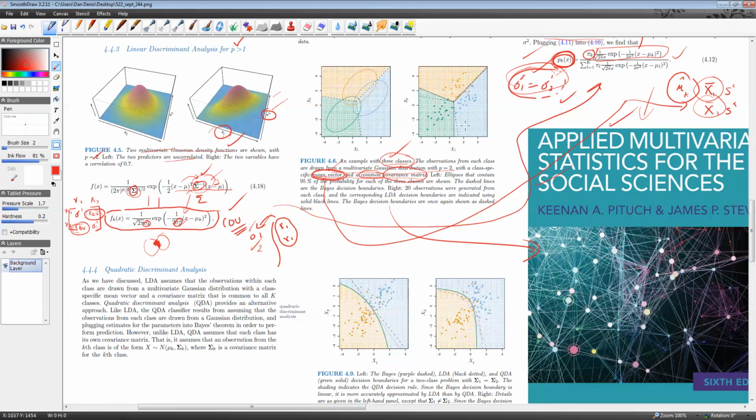So here, just to finish this idea, the dashed lines are the Bayes decision boundaries, and it's a three classification problem. So if you're here on x1, here on x2, well, you're predicted to be in here, et cetera, for the three group problem. So we're into that multivariate.